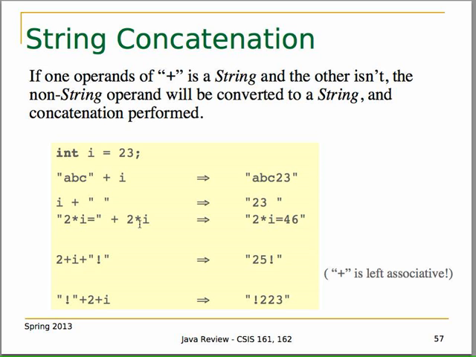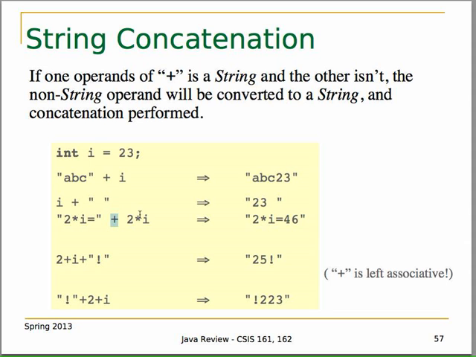Okay, if you have a string plus some other sub-expression where you have a multiply, then you do this first, 2 times i, and if i is 23, it becomes 46, and then you do the concatenation operation.